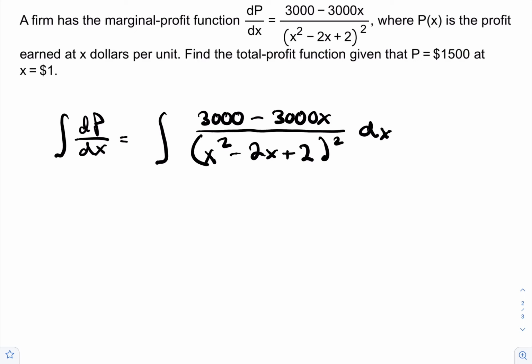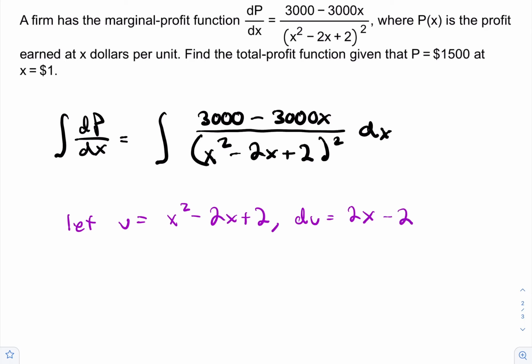If we're going to use u substitution, let's let our u be x squared minus 2x plus 2. That means our du would be 2x minus 2.